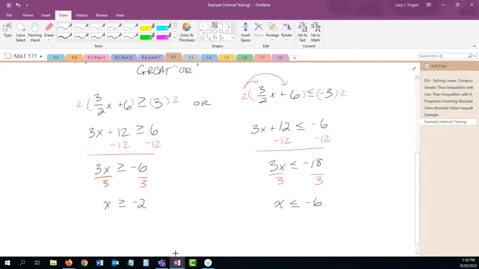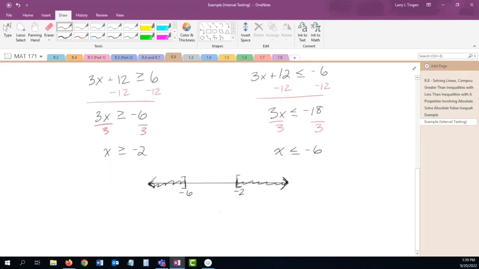The number line again is helpful. Notice there's not a fraction now, so I don't really have to rewrite these numbers to help. Here's negative 6, here's negative 2. I know my answer contains everything less than negative 6 up to and including negative 6, and everything greater than negative 2, starting at negative 2 and including it.